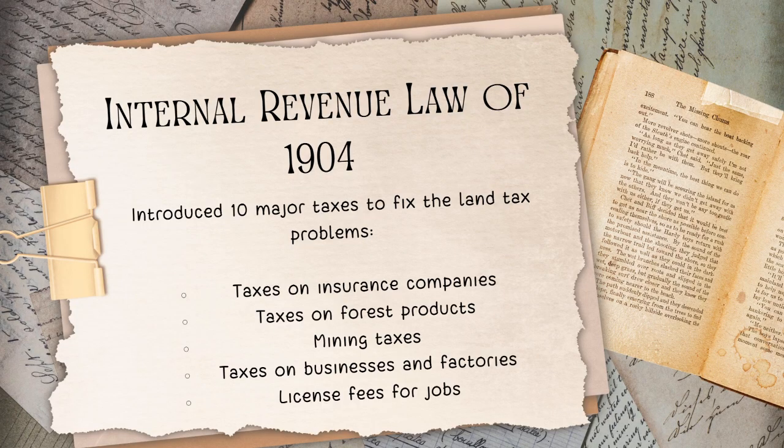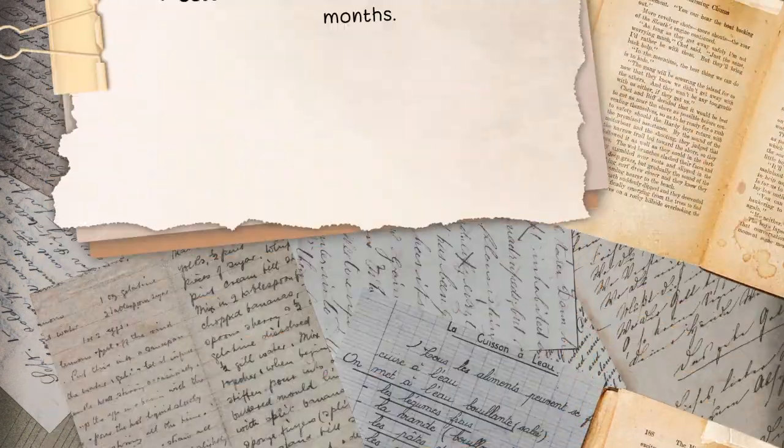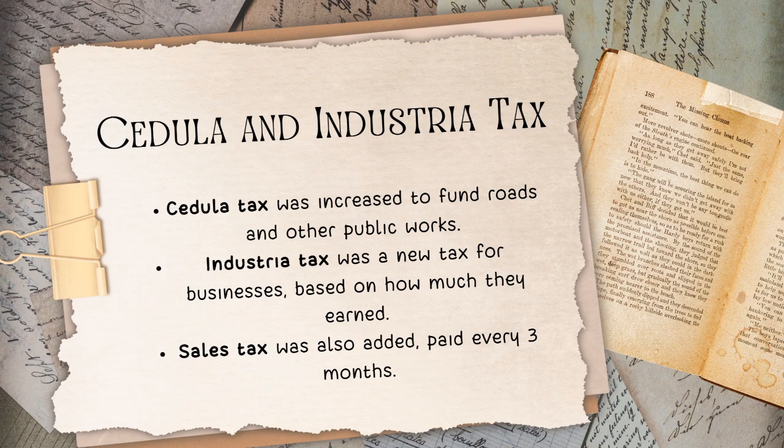These are taxes collected from shops, stores, and factories based on how much money they made. Last is the license fees for jobs. These are fees that people had to pay to get permission to work in certain jobs like doctors, teachers, merchants, or craftsmen.